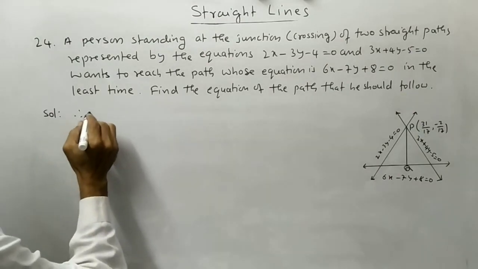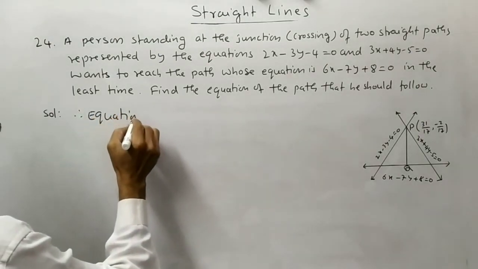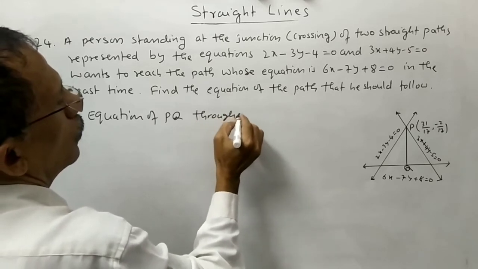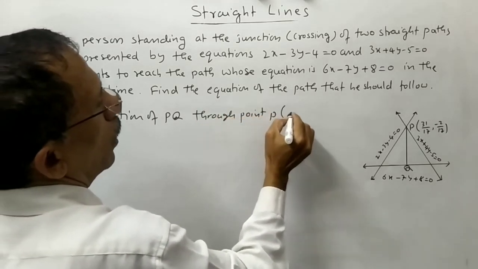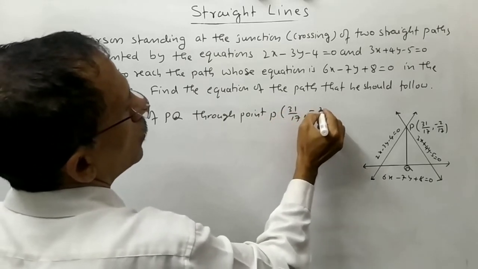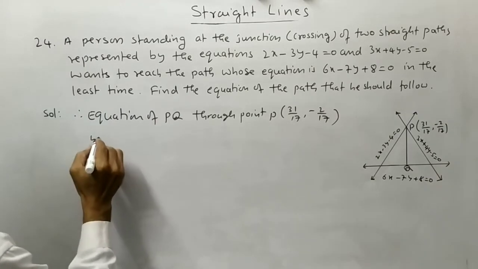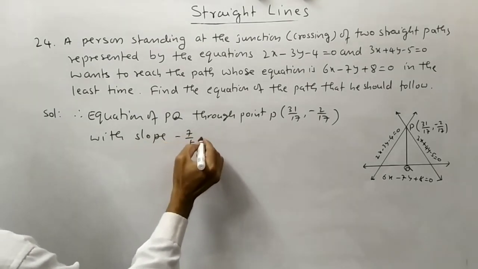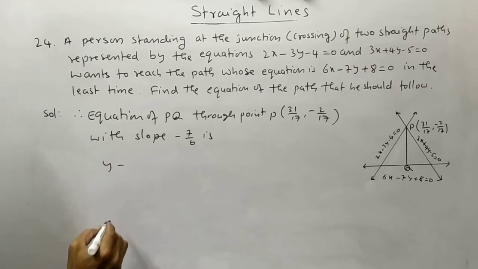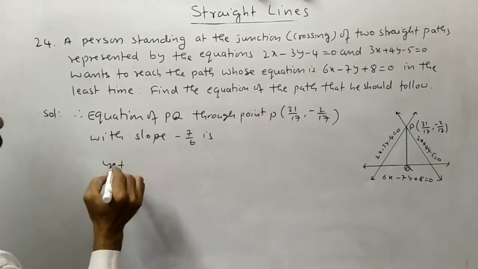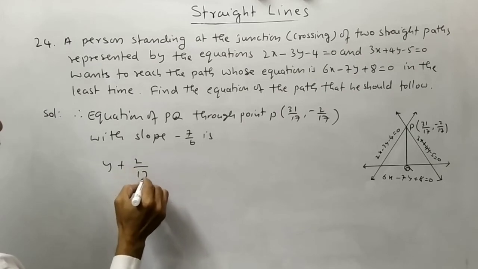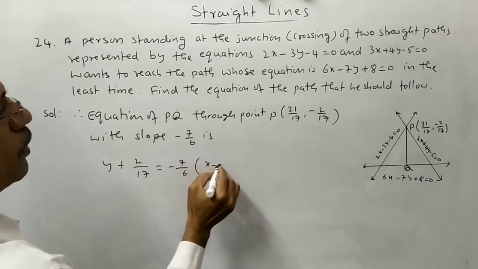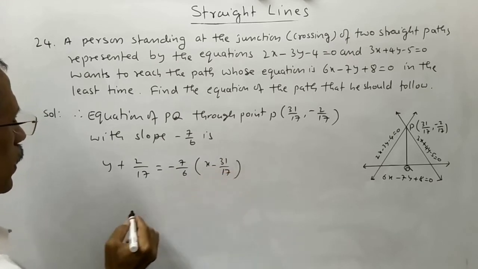Therefore, equation of PQ through point P with coordinates 31 divided by 17, minus 2 divided by 17 with slope minus 7 by 6 is y minus of minus 2 by 17 is equal to minus 7 by 6 into x minus 31 divided by 17.